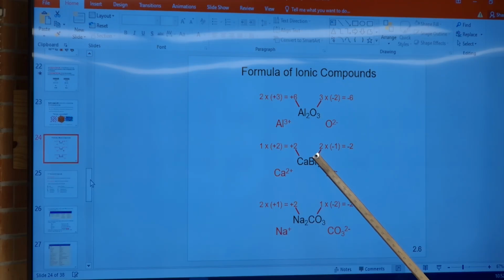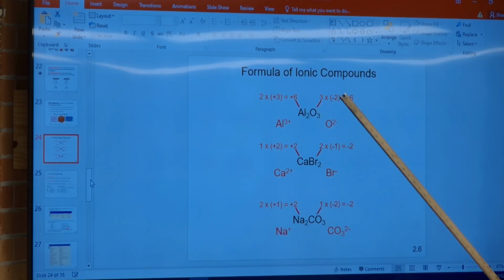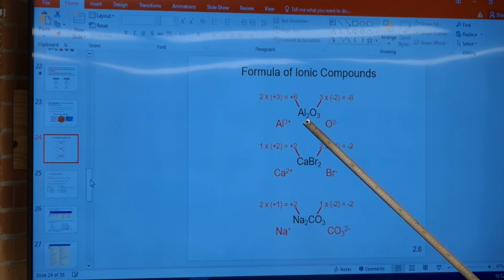The 3 oxygen total -6. While aluminum, from the periodic table, group 3A, tends to lose 3 electrons, so positive 3. You have 2 aluminum, then positive 6. So positive 6, -6. Balanced, no net charge. And is this the same as the empirical formula? In other words, can this formula be simplified? No, 2 to 3, you cannot simplify further. So this is an empirical formula.